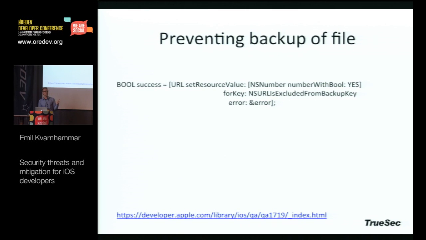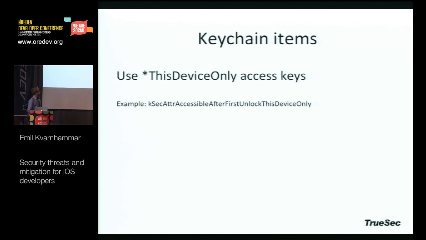If you store that in files, then you should definitely make sure that backup prevention is set for those files. Because there's no reason why this should end up in iCloud or in iTunes on your computer, or even worse, getting migrated to another device, especially not if it's a unique device token, then it should, of course, not end up in another device.